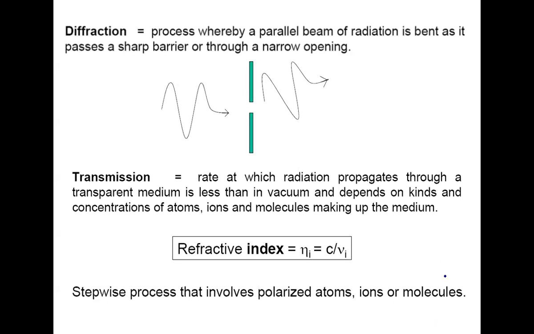And it depends on the kinds and the concentrations of the atoms, the ions, and the molecules making up that medium. So we talk about the refractive index of the medium. This Greek symbol, what do you call that symbol?